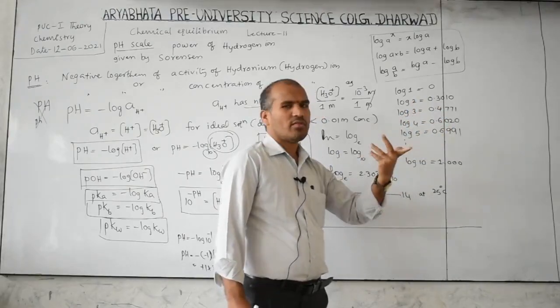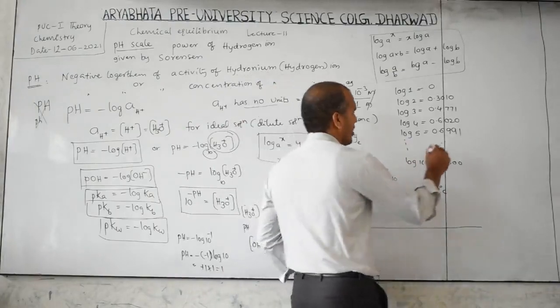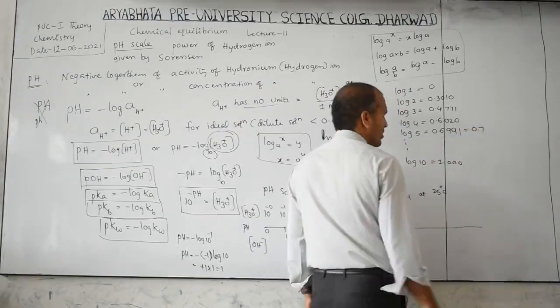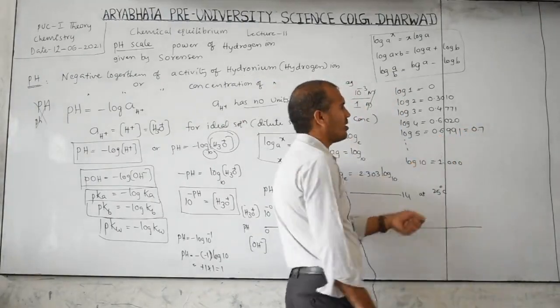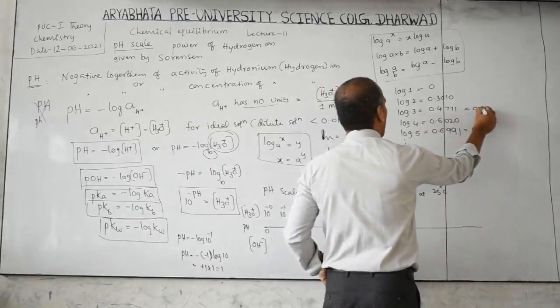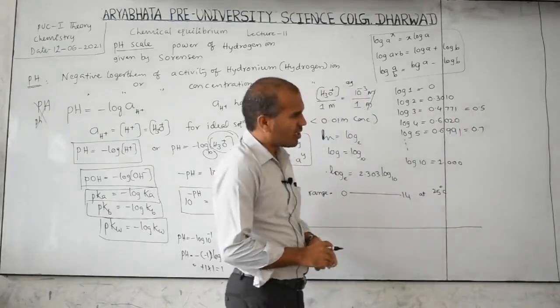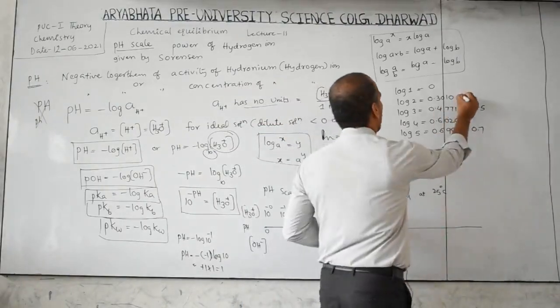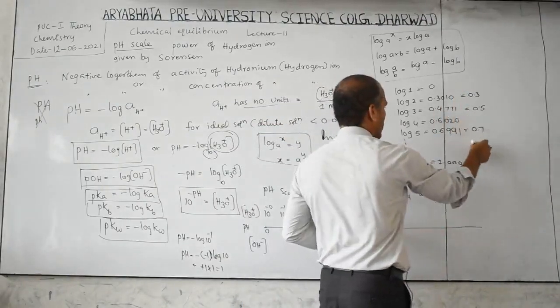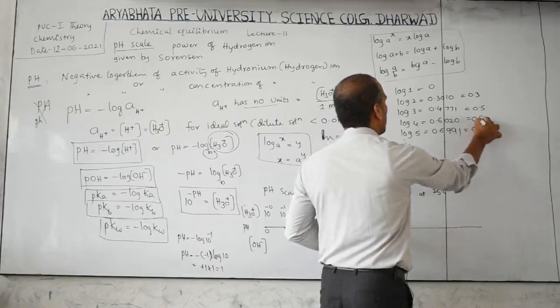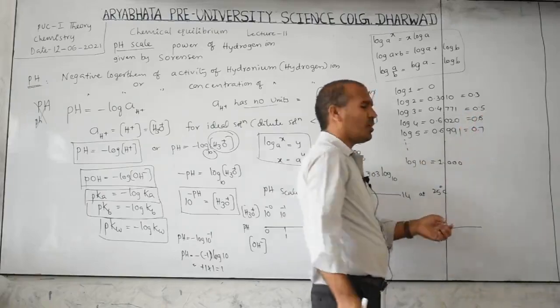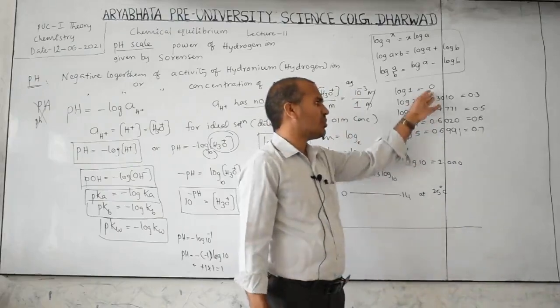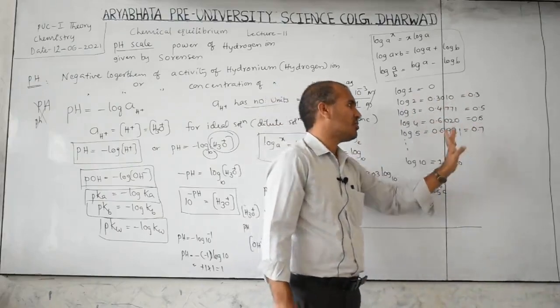Otherwise, roughly remember log 5 as 0.7 and log 3 as nearly 0.5. When doing a rough calculation, use these values, but for exact calculation use the exact values.